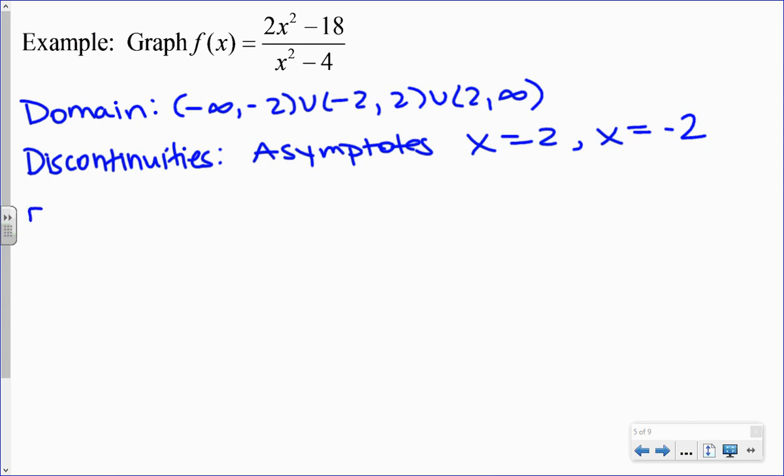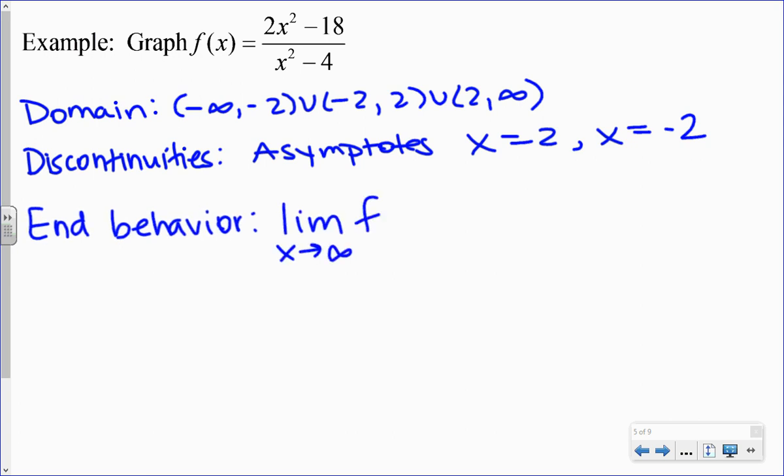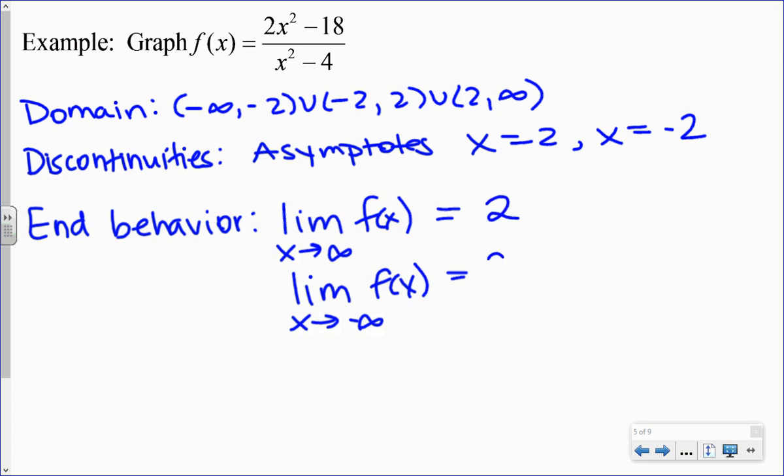So when we talk about end behavior, we know that our end behavior will approach our horizontal asymptote, which is 2.